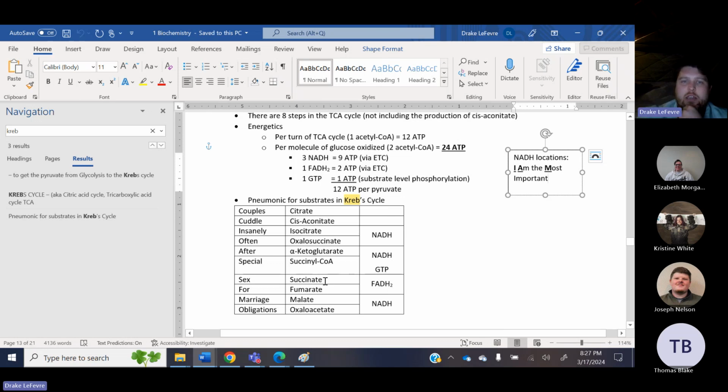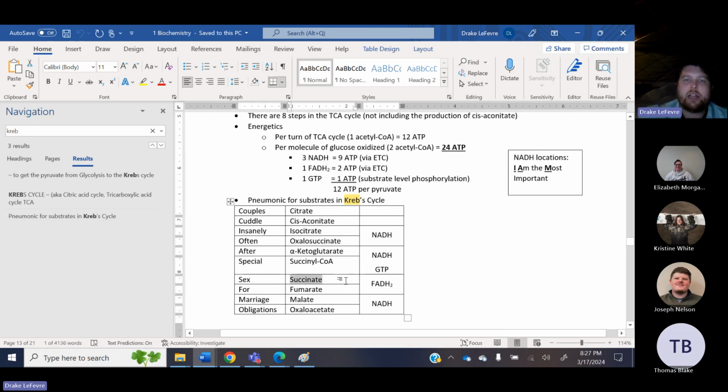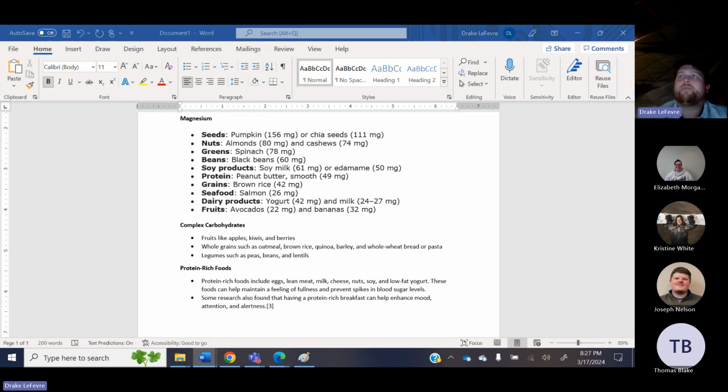And actually the answer to this question is that succinate to fumarate is where FADH2 is being produced. There are a couple of different helpful mnemonics for the Krebs cycle, like "couples cuddle insanely often after special sex for marriage obligations." Just silly things like this that help you remember. I mentioned these in the other videos I've recorded, in case you hadn't seen that before.